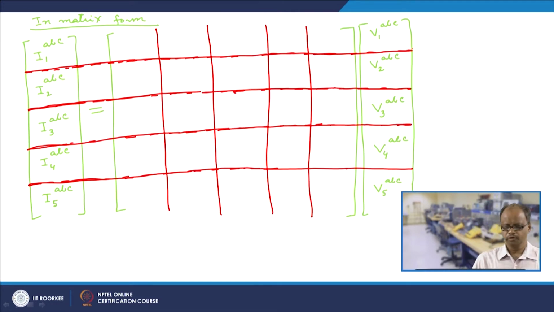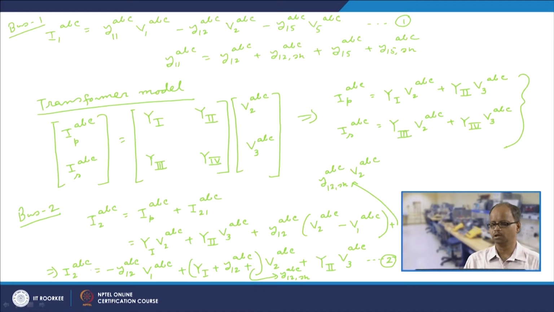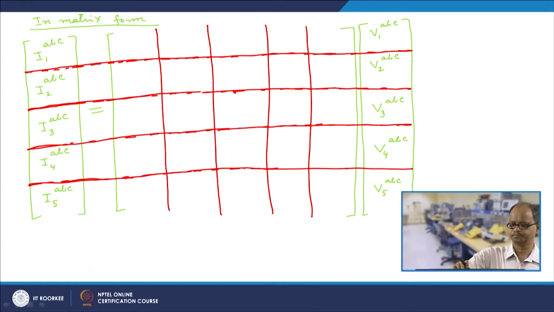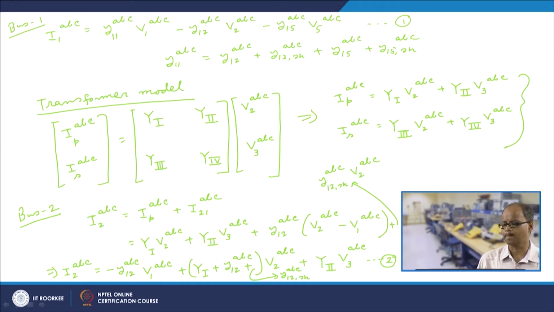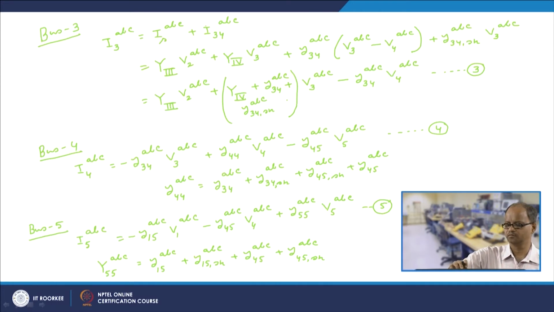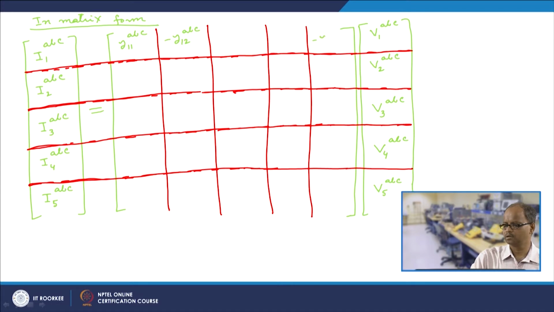So now when we do this partition, after that it will be very easy to write. So I1 is y11 ABC V1 ABC, minus y12 ABC, and then minus y15 ABC V5 ABC.